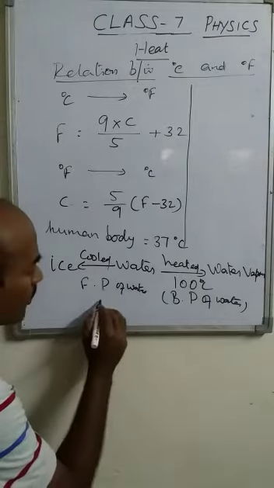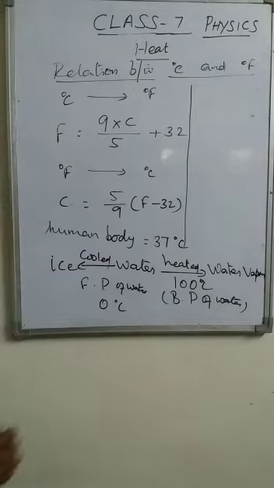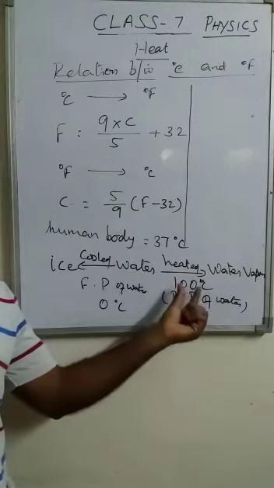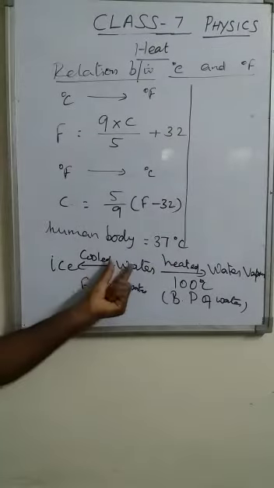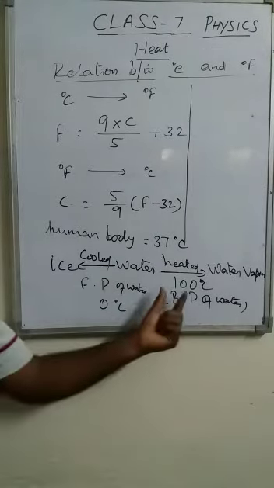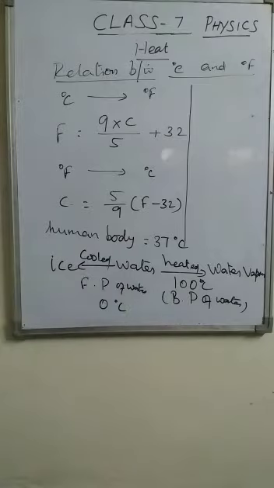This freezing point of water is 0 degrees Celsius. Boiling point of water, 100 degrees Celsius, is constant. Freezing point of water, 0 degrees Celsius, is also constant. These are some standard temperatures for water.